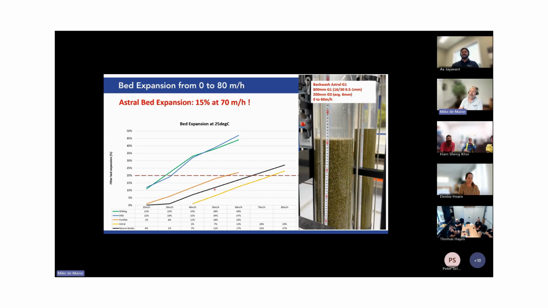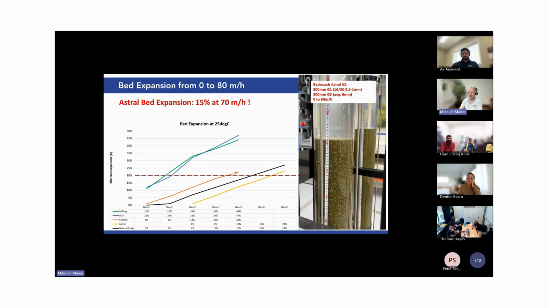So here you can see the green line is our AFM NG. You can see we achieved 20% bed expansion at around 28 meters per hour. Then another of our cheaper glass products, which is not activated in any way, is at around 30 meters per hour.